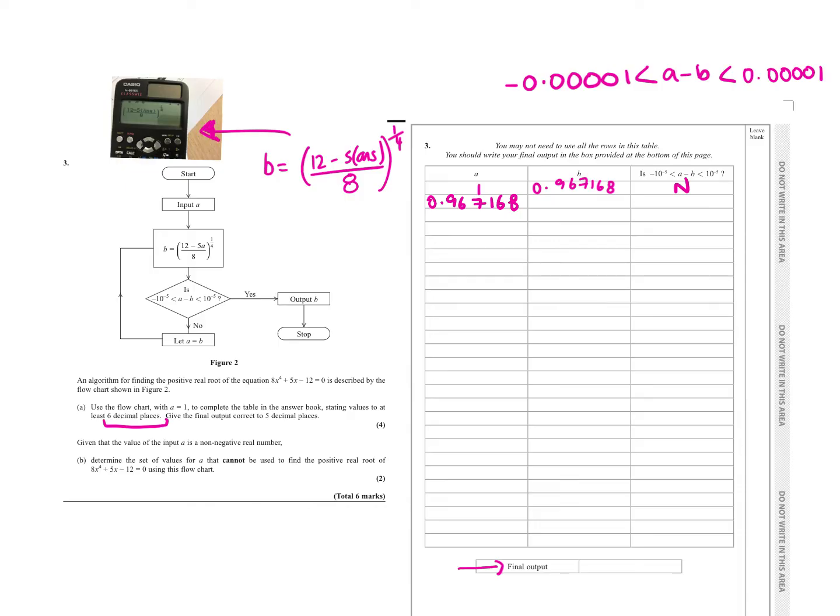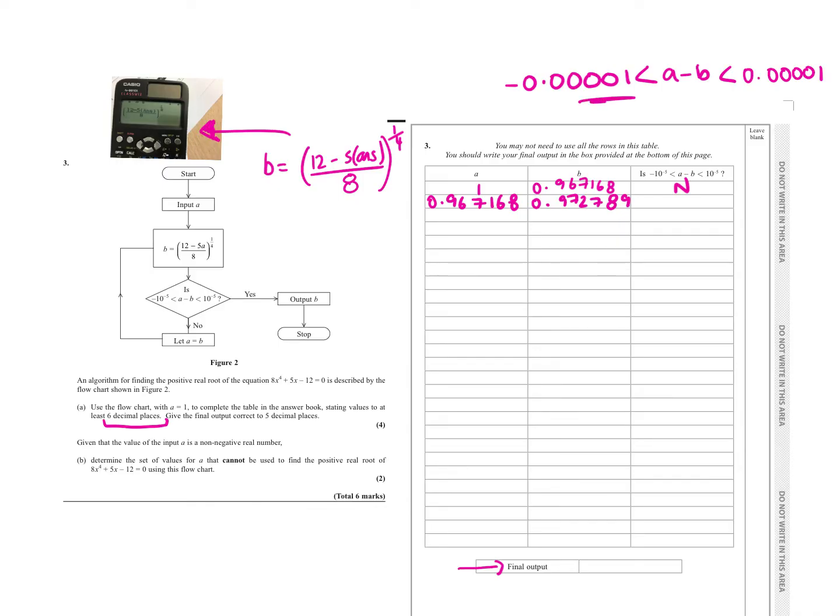Now, I press equals, I get 0.967168. If I press equals again, I now get 0.972789. If I take them away from each other, I'm going to have 67 take away 72. That's not going to give me 0.001, is it?